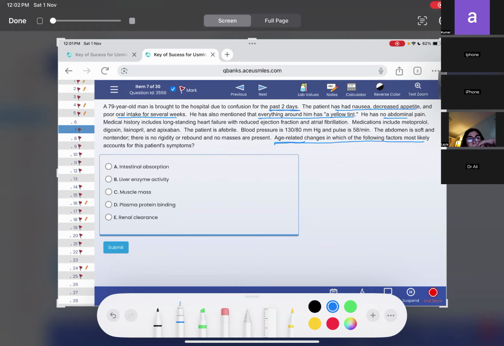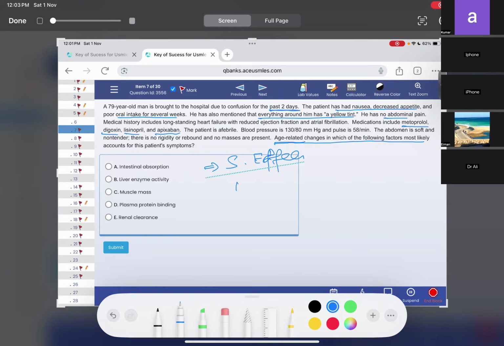According to the above scenario, this is a side effect of which drug? Among metoprolol, digoxin, lisinopril, and apixaban, can anybody tell me which medication has these side effects? Digoxin, yellow tint.